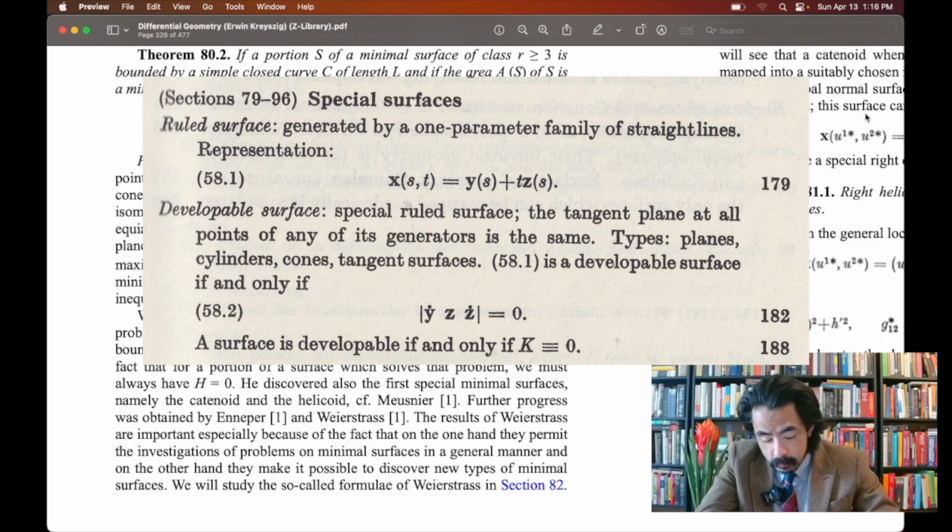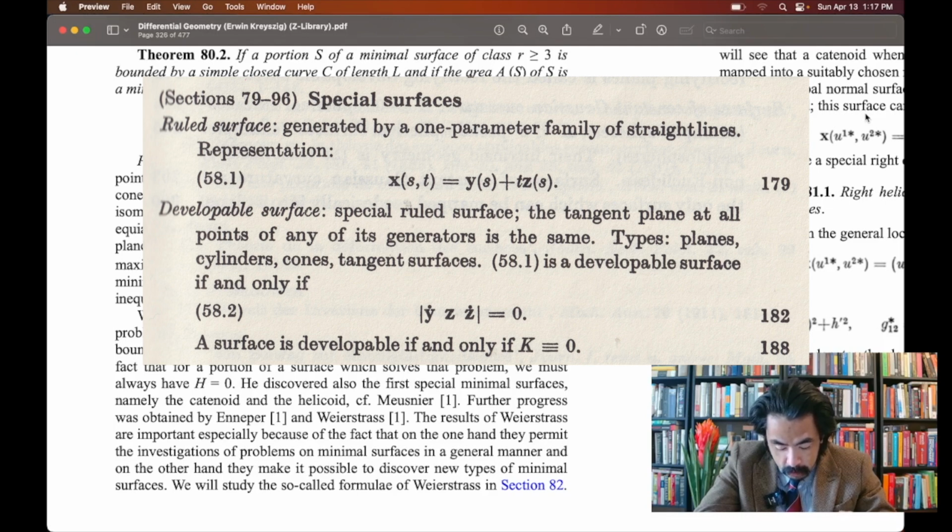times vector z in terms of s. Then, additionally, furthermore, a developable surface is a special ruled surface where the tangent plane at all points of any of its generators is the same. So different types of a developable surface include planes, cylinders, cones, and tangent surfaces.